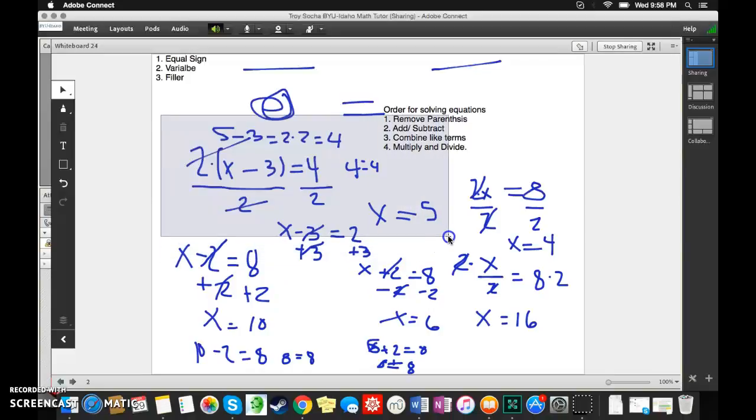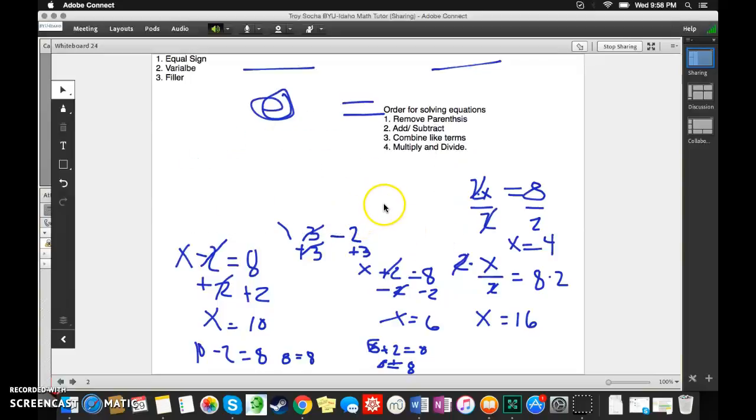When something is subtracted from something else, we can add things across the equal sign, but whatever you do to one side, you have to do to the other side. We can subtract things across an equal sign, and we can multiply things across an equal sign, or divide things across an equal sign. And that's it for the video.